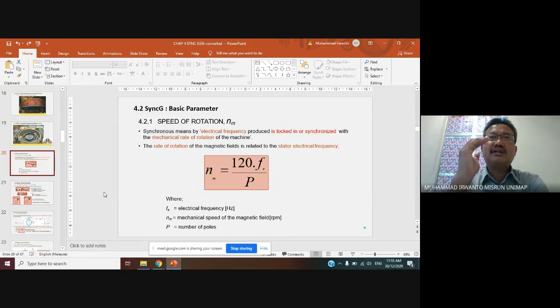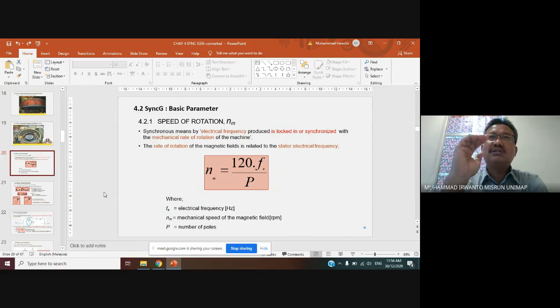The stator is constructed by the stator core and also slots. The slots are the same, to put the winding. The winding develops the number of poles. Because the rotor is moved by the prime mover and produces the rotating magnetic field, the rotating magnetic field arrives at the stator winding.